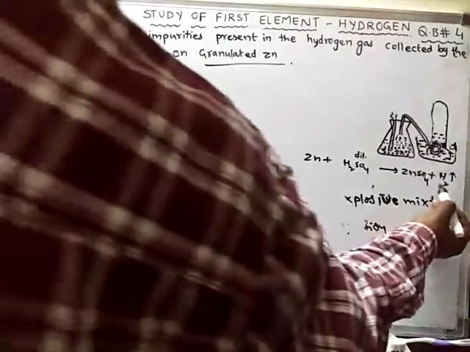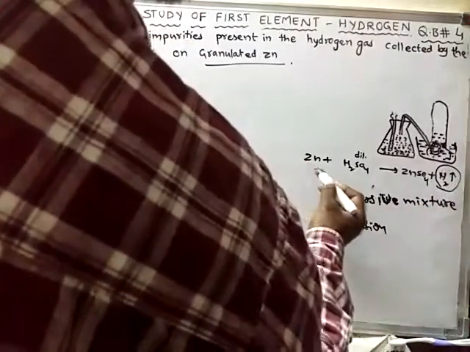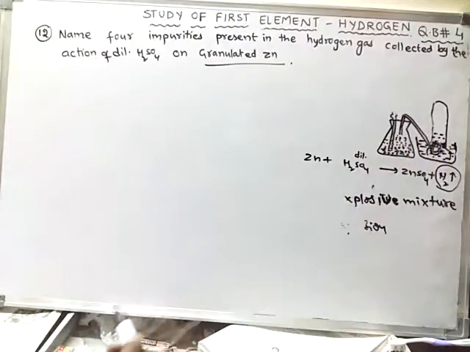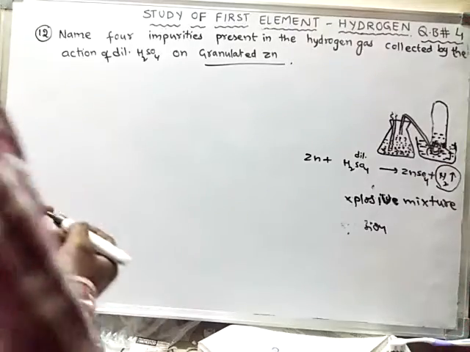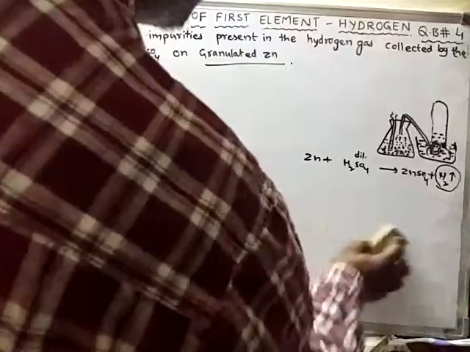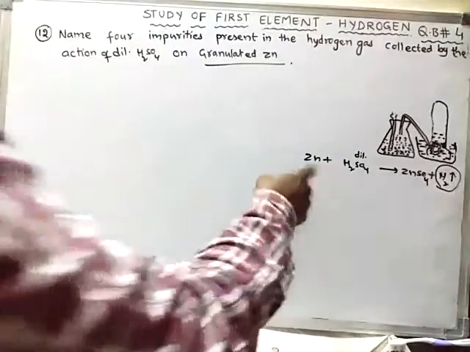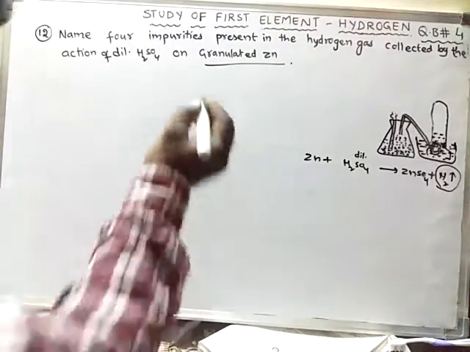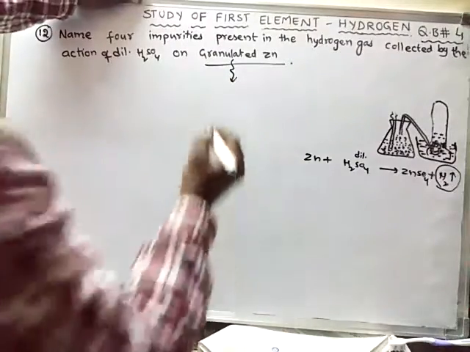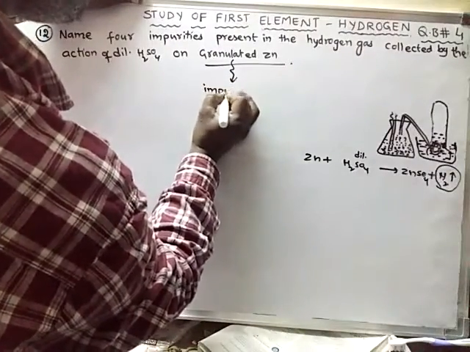The hydrogen gas formed in this apparatus is not pure hydrogen gas. Why is it not pure? Because what substance are we using? We are using granulated zinc. Granulated zinc is not pure zinc. It is impure zinc.